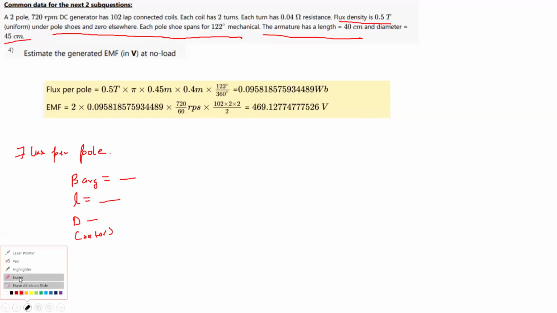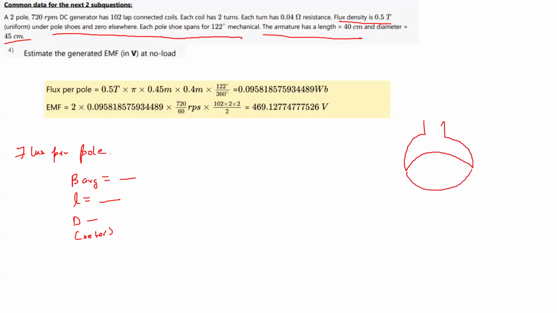Suppose these two poles were covering the whole 360 degrees mechanical, so this is one pole and this is the other pole. In this case, we know flux is flux density into area, B average into area.